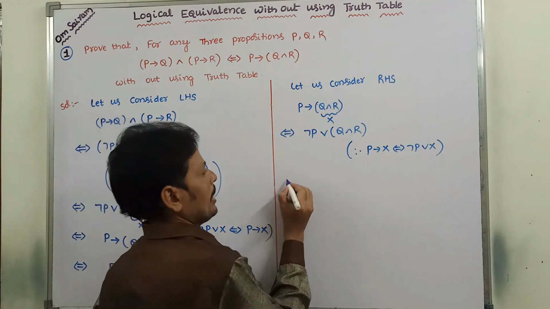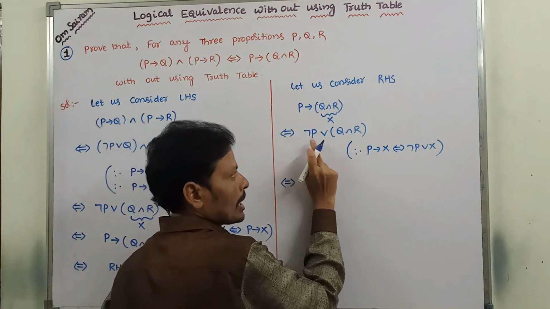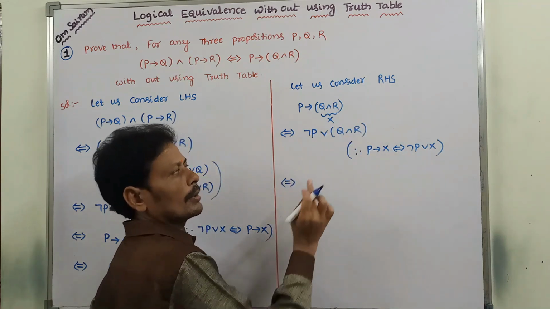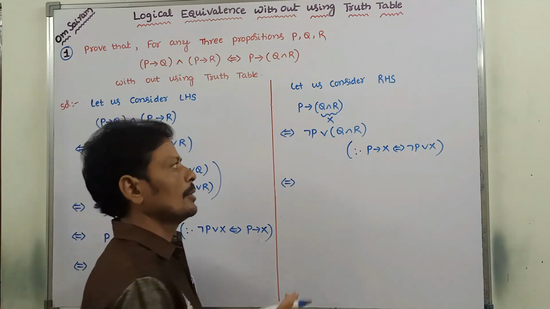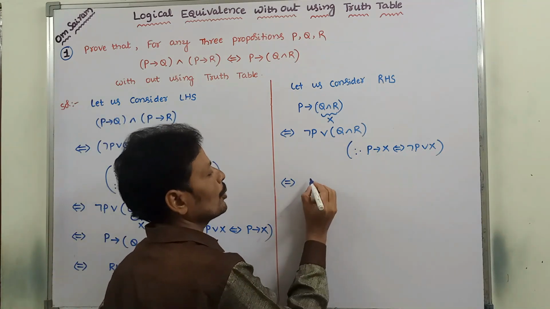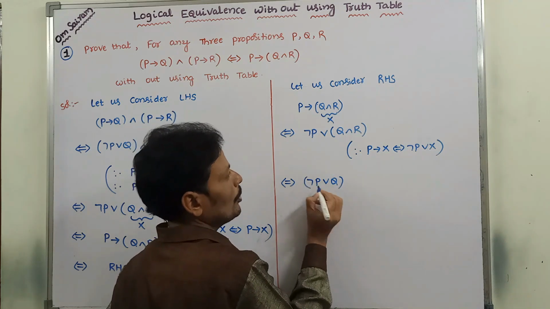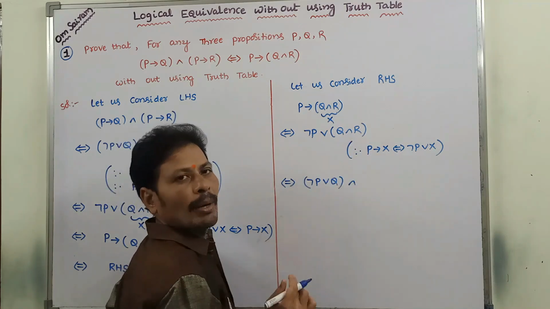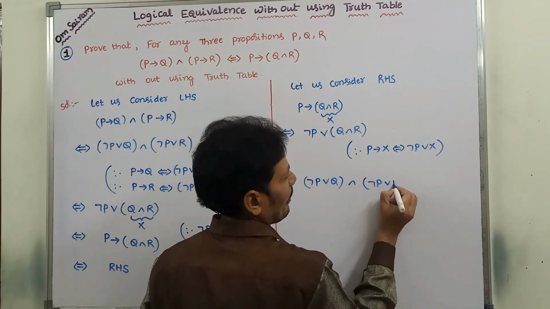Next step: with the ¬P ∨, we have to multiply the Q and R. So ¬P ∨ multiplied with Q gives ¬P ∨ Q, and ¬P ∨ multiplied with R gives ¬P ∨ R.